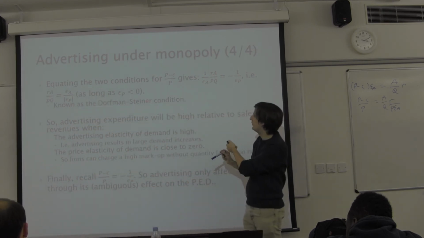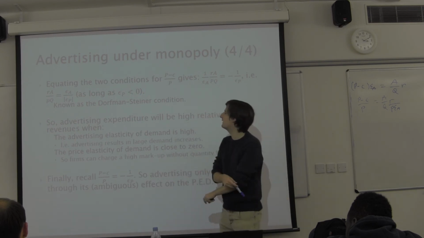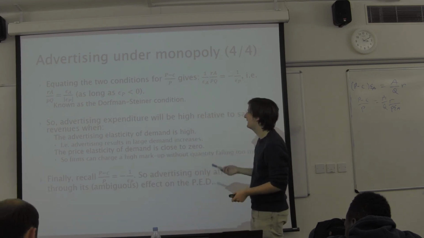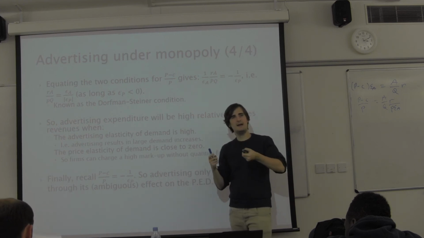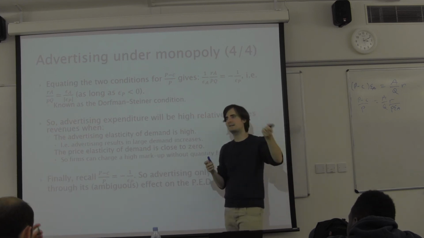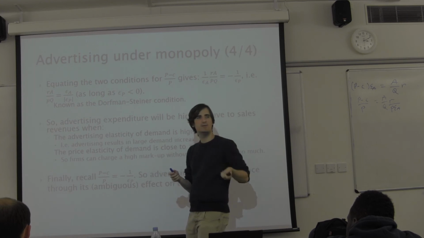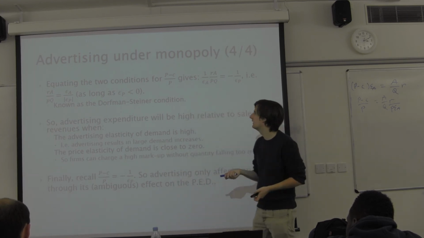And this gets called the Dorfman-Steiner condition. So this is immediately telling you when you should expect advertising expenditure to be high relative to sales income.